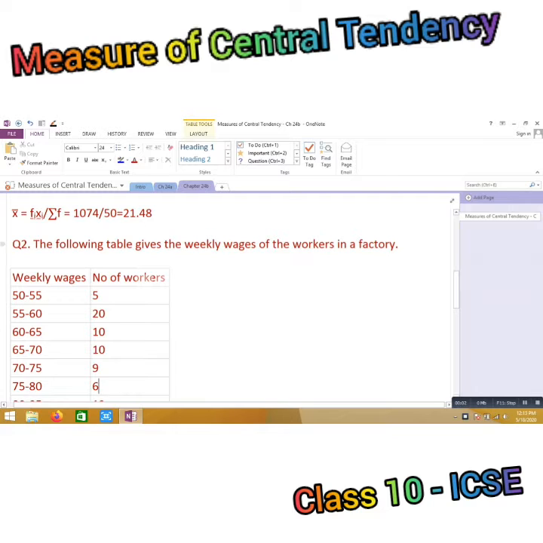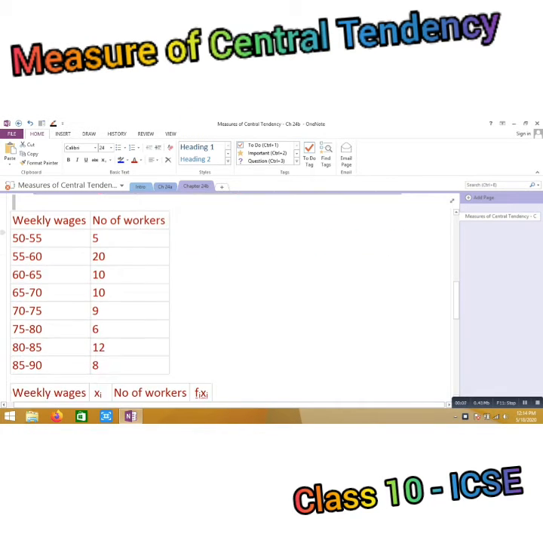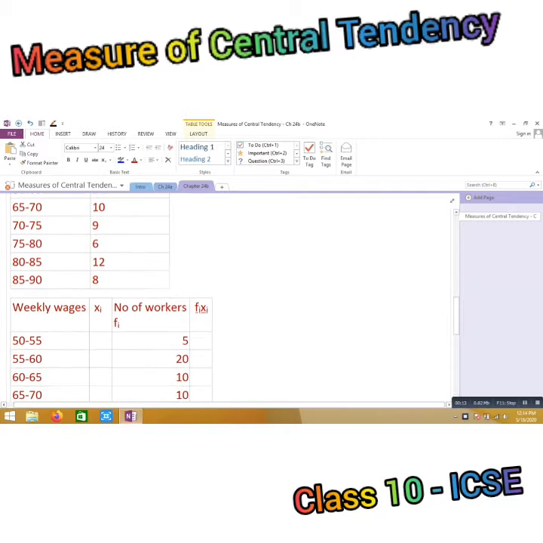Next, question 2. Again, another distribution is given for the number of workers and their weekly wages. The range is given in weekly wages, so we need to find the mid value of the same, that is Xi. The mid value between 50 and 55 is 52.5. The next one is 57.5, 62.5.